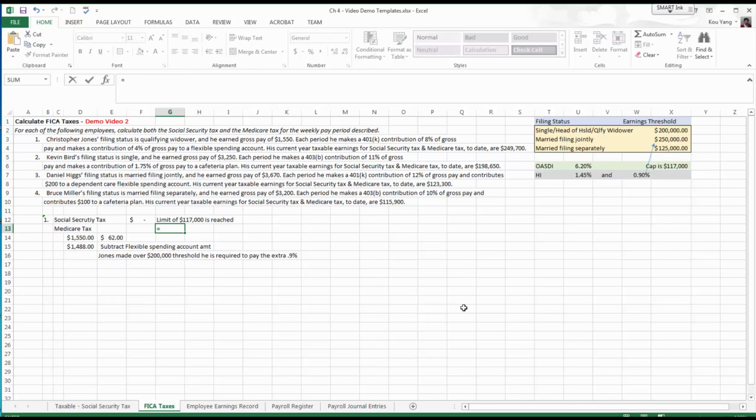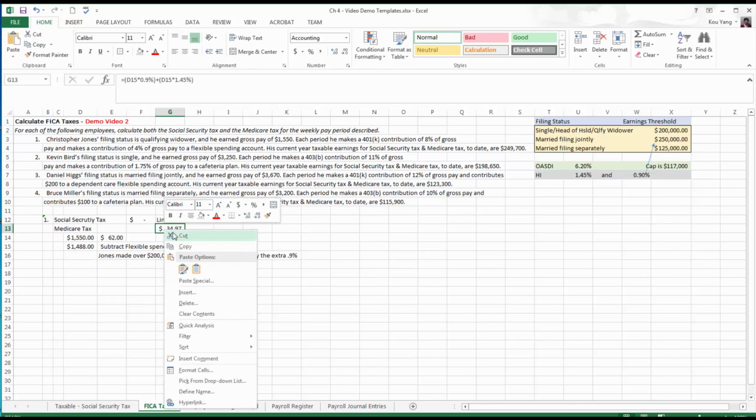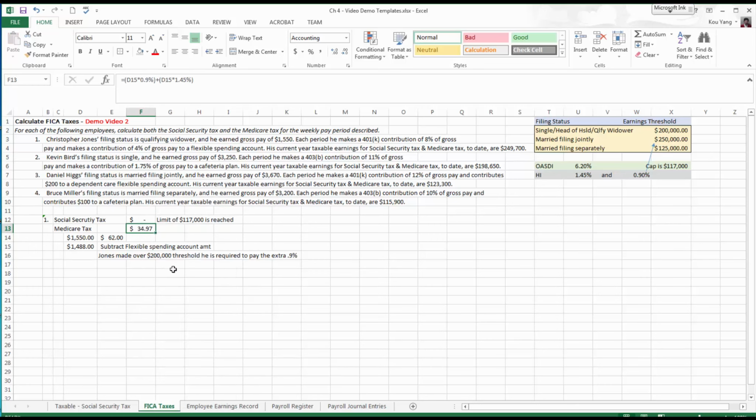I'm going to take 1488 times 0.9% plus 1488 times 1.45%. You can do it that way, and your Medicare tax then is going to be $34.97. Or you can do this one separately and that one separately and then just add them together. You can do it that way.